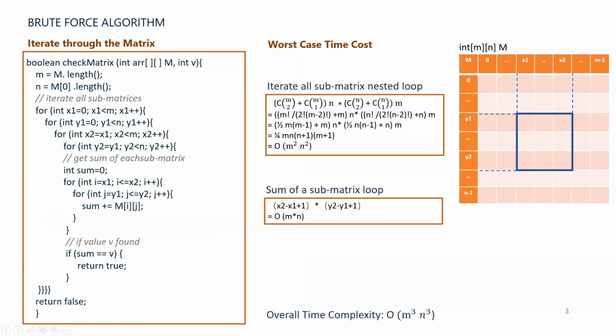I started by looking at the brute force solution. The basic idea is iterating all rectangles through the whole matrix and calculating the sum of each of them. So M is the length of the rows, N is the length of the columns. Iterate all submatrices.